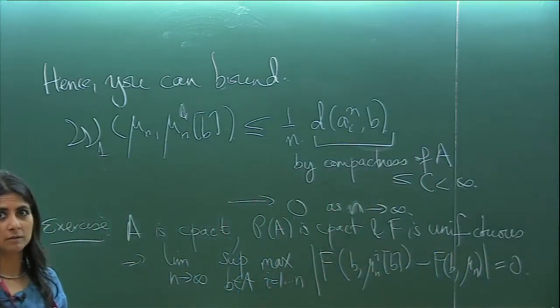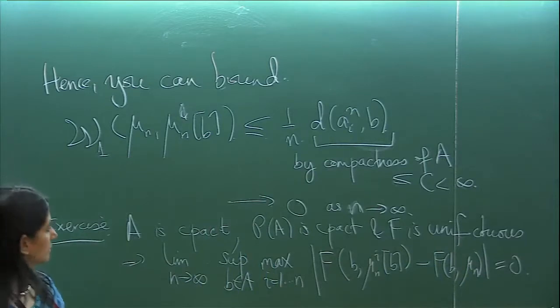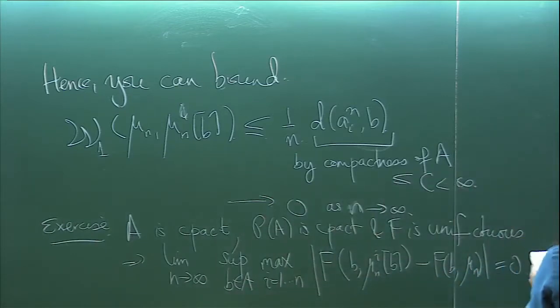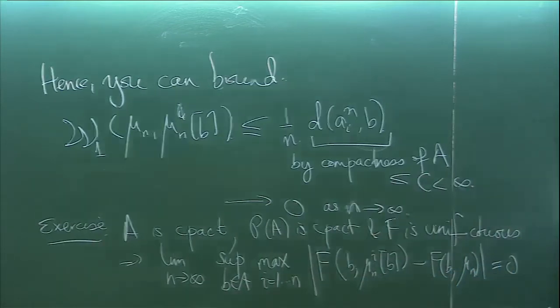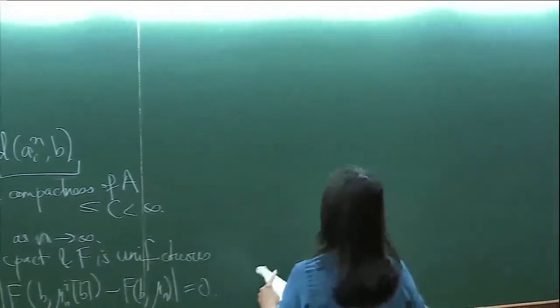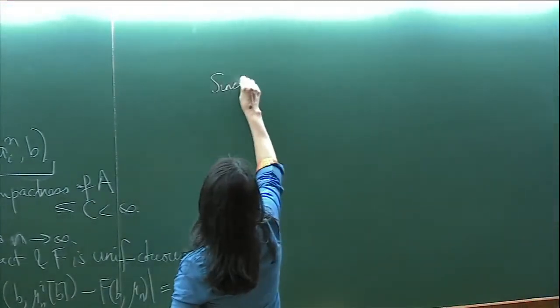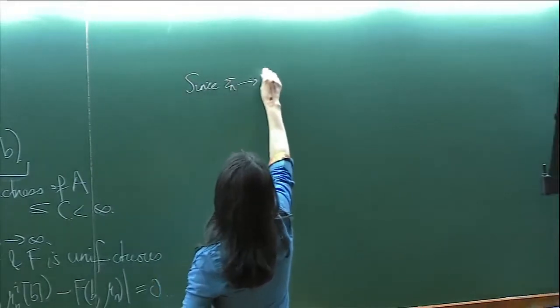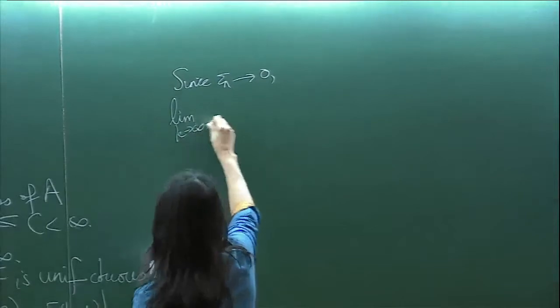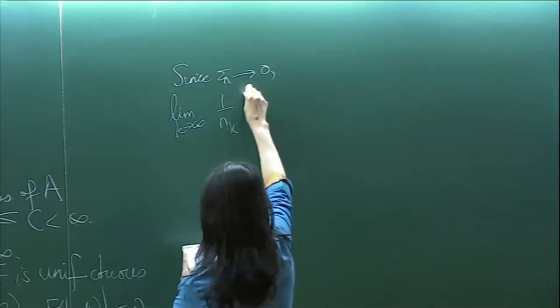Any questions? Okay. And then since epsilon n goes to 0, we have the limit as k tends to infinity of 1 over n k.